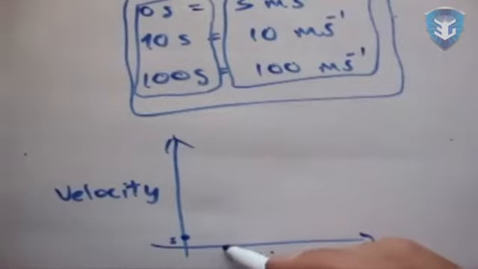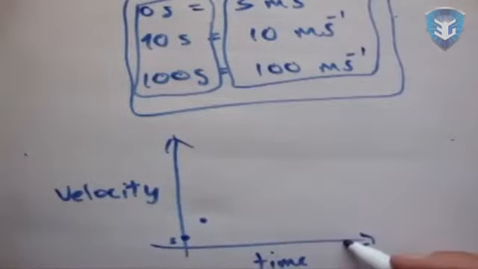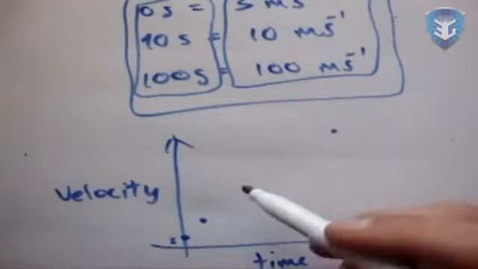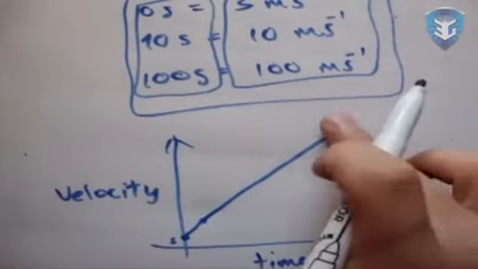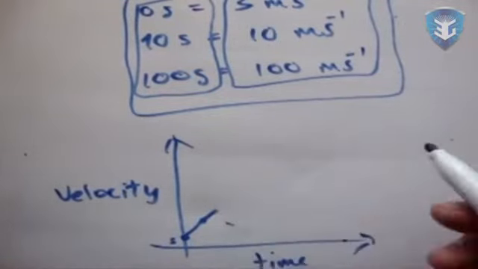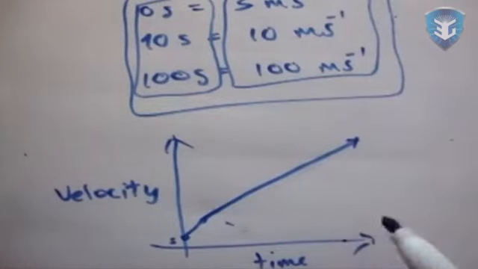At time 10 we're at 10. And at time 100 we're at 100. Like that. That's not supposed to be a straight line. I'll do that again so it's not a straight line. Okay, and there's my graph.